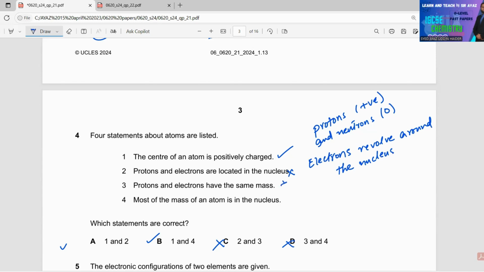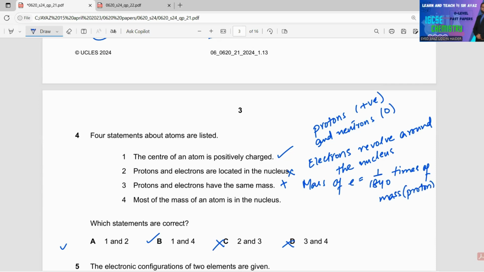This is also incorrect. Electrons have lower mass value than protons. If I'm not wrong, the mass of an electron is 1 divided by 1840 times the mass of a proton or neutron.